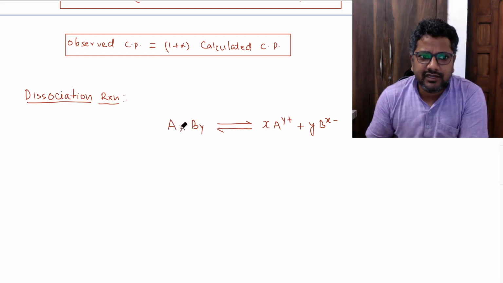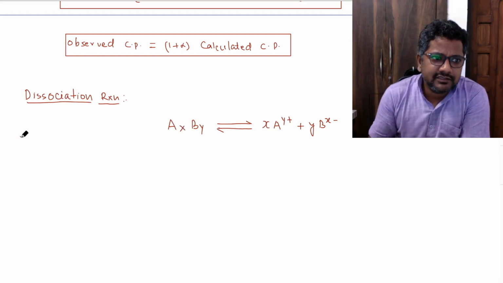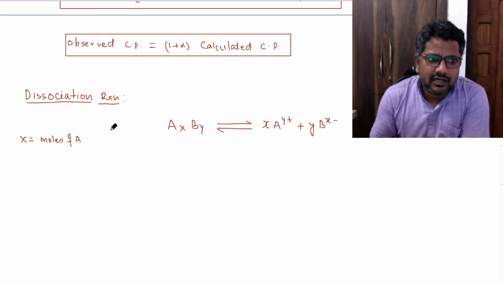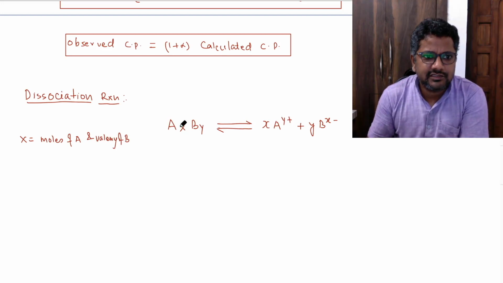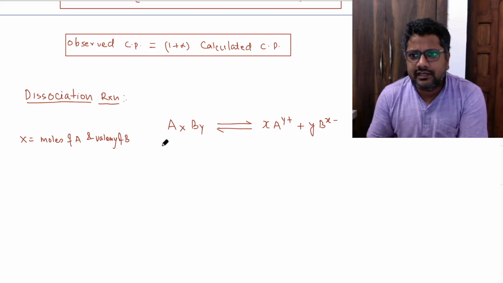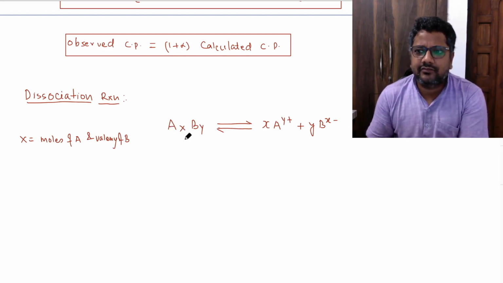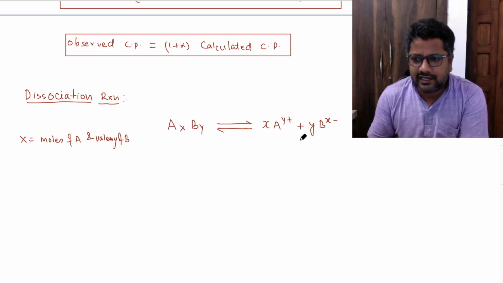So what is the meaning of x here? x is the moles of A in this formula, and the valency of B, right? And in chemistry there is a rule that first we write the cation, then the anion. This is the default IUPAC rule.